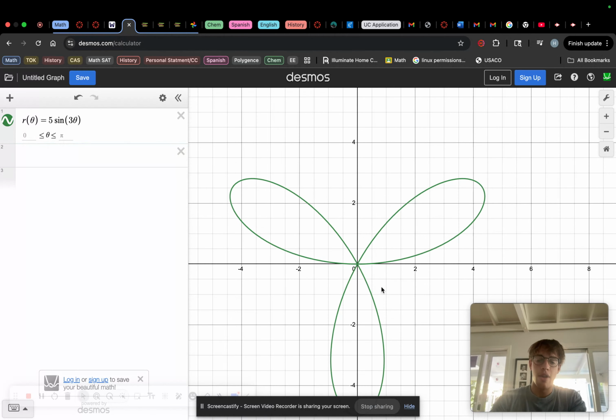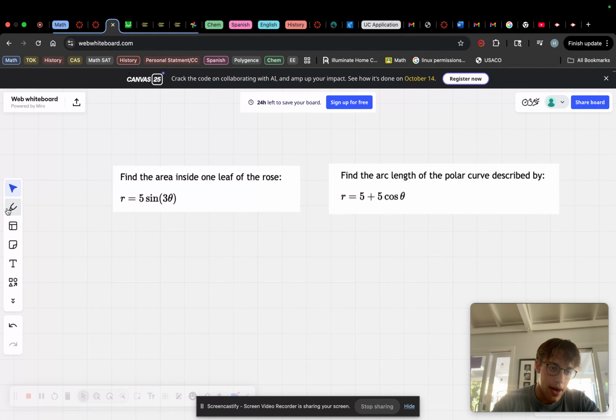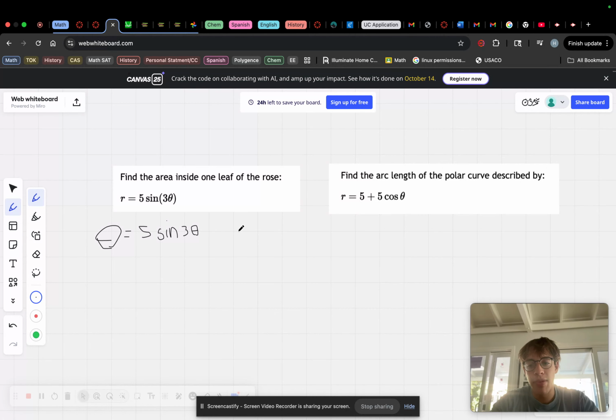We want to set the 5 sine 3 theta equal to 0, and we want to solve for that. So we can do that right now. So we have 0 equals 5 sine 3 theta, and now we can divide both sides by 5. 0 over 5 is 0.